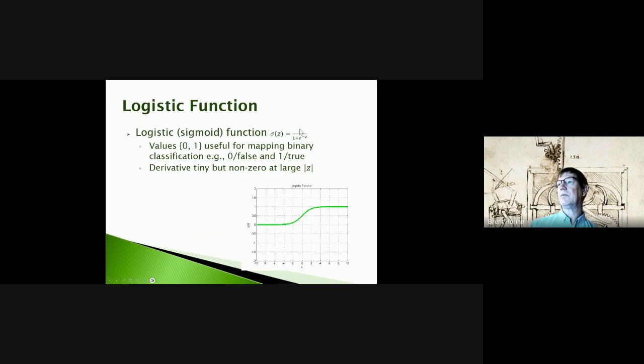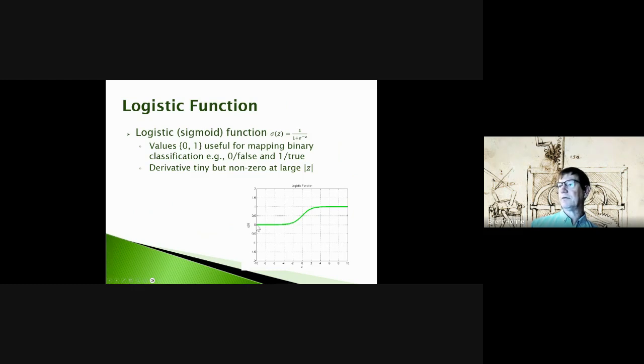So when we take 1 divided by a very large number, it's going to be close to 0. Right? And on the other side, if we plug in a large positive number, it's going to be negated. So it's going to be e to some large negative number, which is going to be close to 0 itself. So 1 plus a really tiny number is going to be approximately equal to 1. So we'll have 1 divided by 1, and that's 1, right?